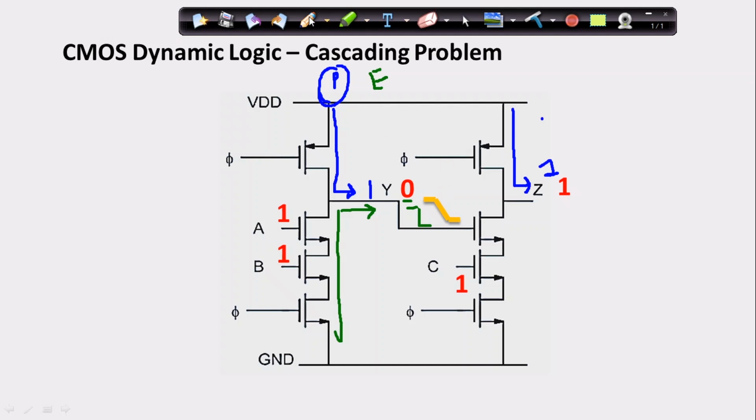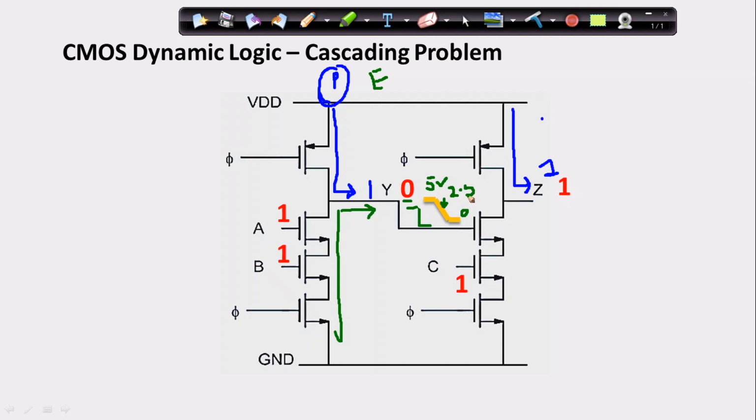Whenever it takes some time in switching, let me take this as 5 volt and this as 0 volt. Since it is taking time, at this particular instant I might get somewhere around 2.5 volt.